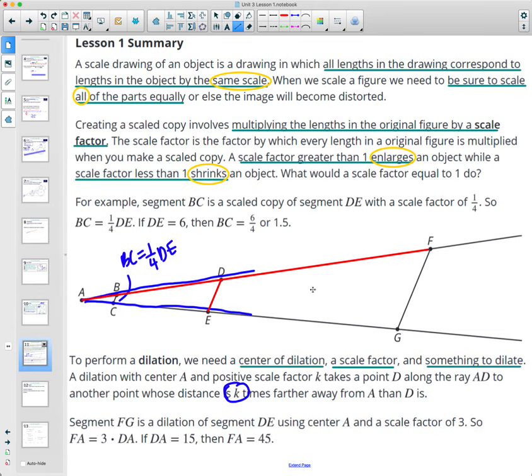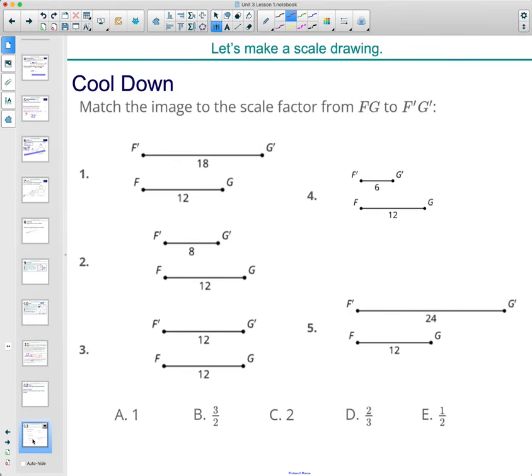That's going to get us to F. And if we take this distance and triple it, that will get us to G. Consequently, that will also take whatever this length is. So if DE is 15, we would triple that, and we would get FG, which is 45 in this case.